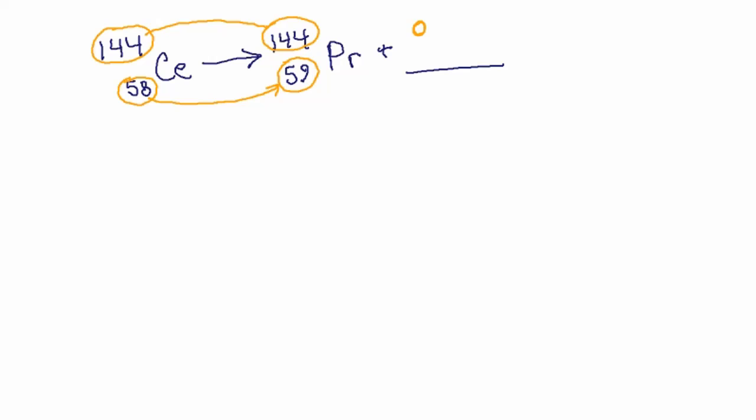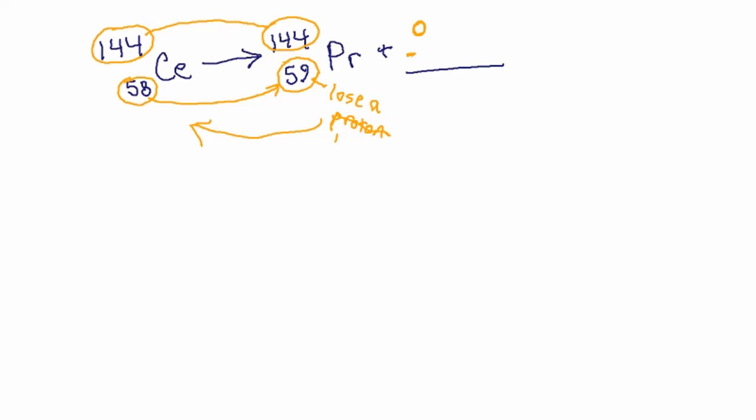So it will have to lose a proton in order to become 58 back here. So we're going to put a, and we're not really losing a proton, we're losing a positron.